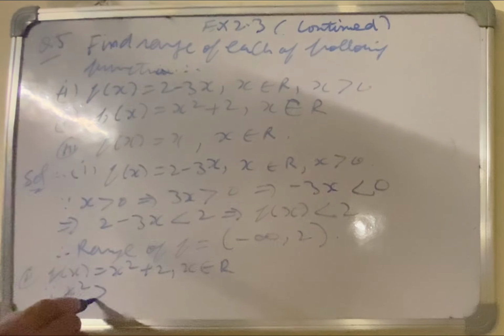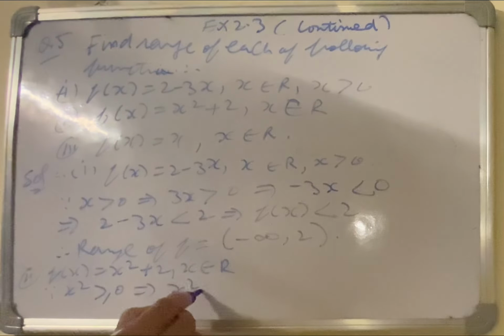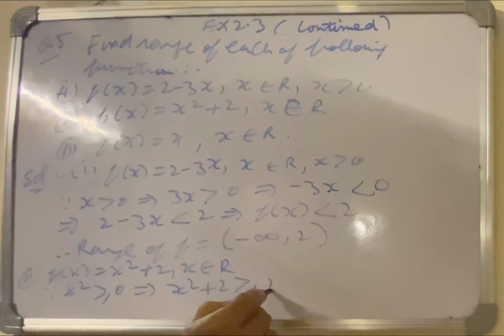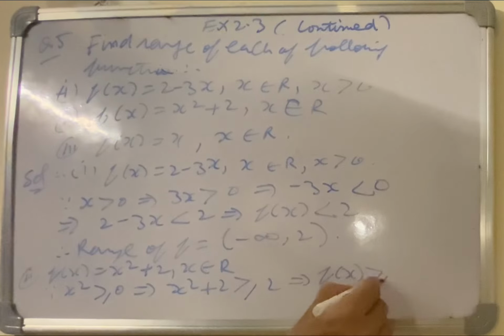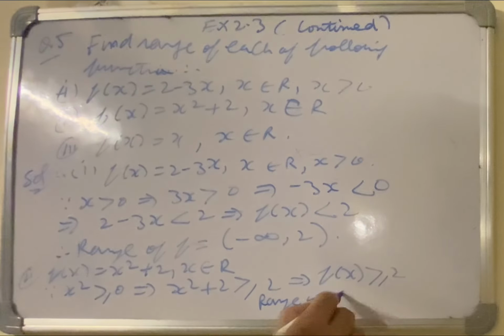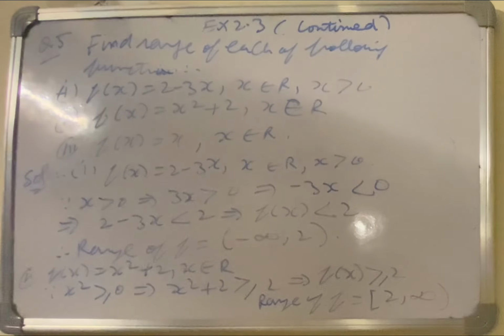Since x square is greater than or equal to 0, adding 2 on both sides, x squared plus 2 is greater than or equal to 2. That means f(x) is greater than or equal to 2. So the range of f is the closed interval 2 to infinity.